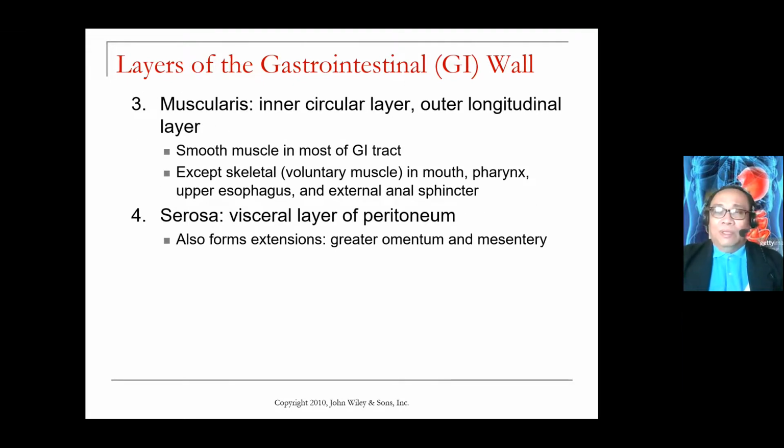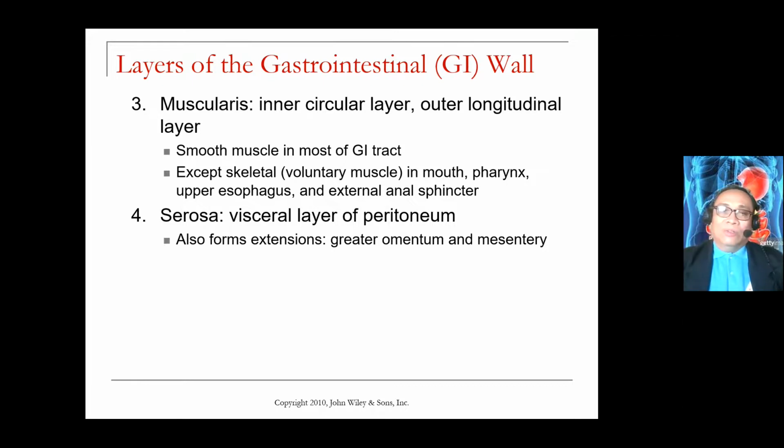The third layer would be the muscularis layer. It's smooth muscle, and there are actually two layers. First would be the inner one. If you use your imagination, if this is the smooth muscle, circular, what happens when it contracts is that it constricts.